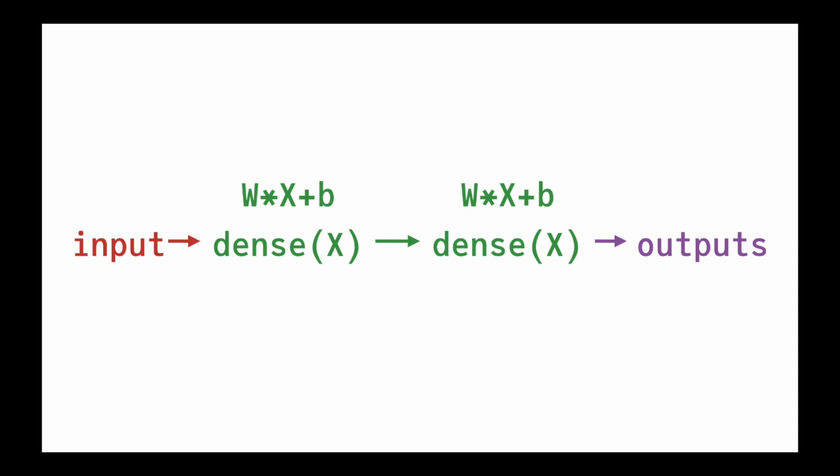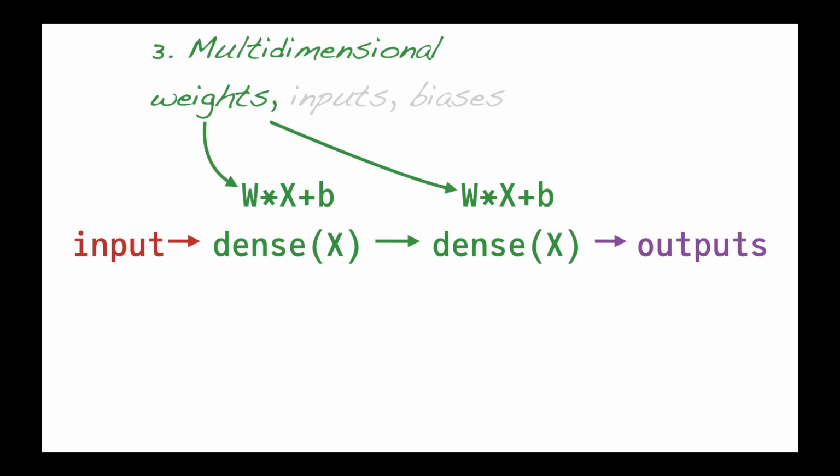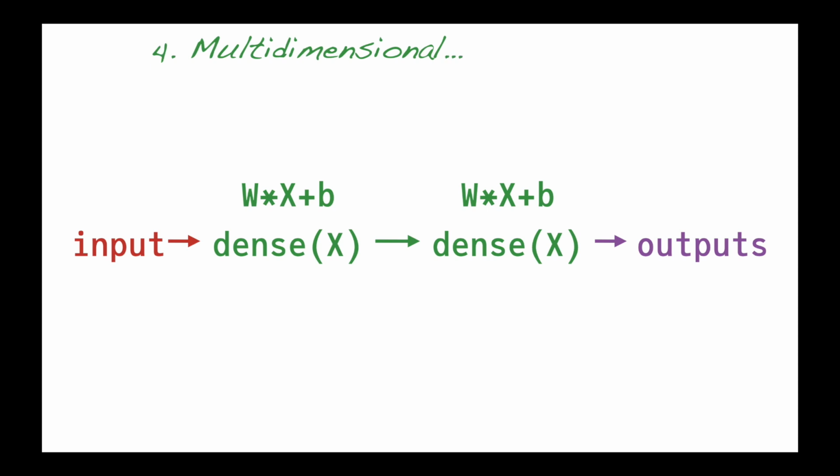They're multidimensional. But to process those inputs, we're going to need multidimensional weights and biases. So if all these things are multidimensional, we're going to need to define how those individual operators work. That means that we also need multi-dimensional operators.